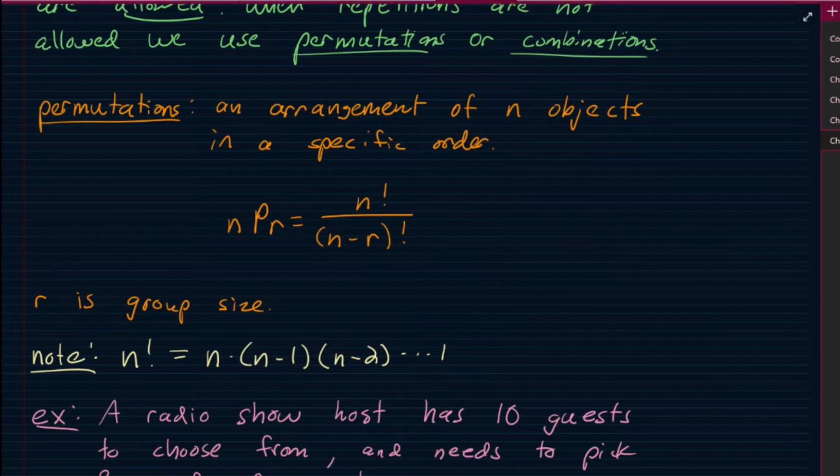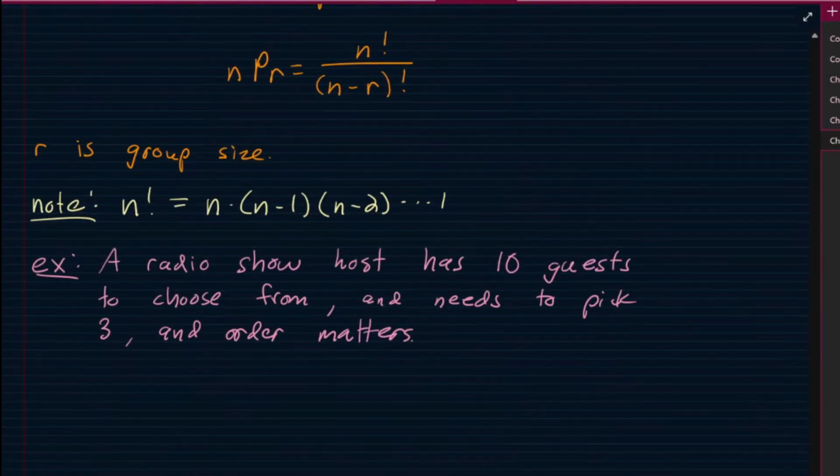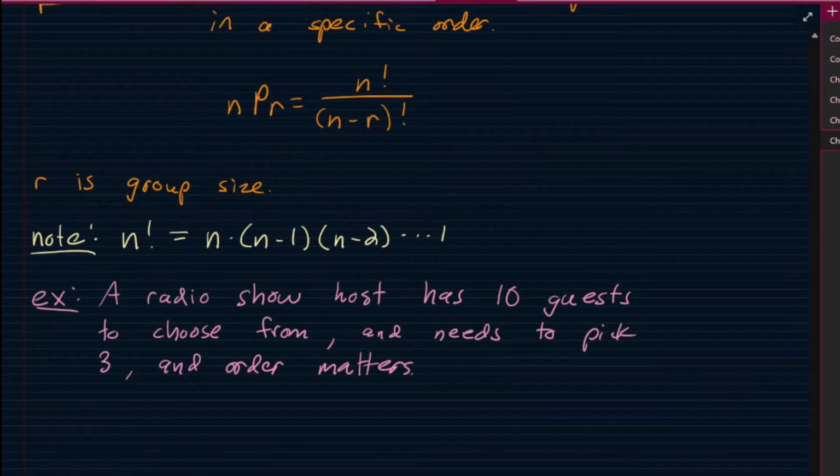We're going to assume that the order matters in this case. So maybe the first person gets 15 minutes, the second person gets 10 minutes, the third person gets 5 minutes. So something like that, in which case you want their order to matter.